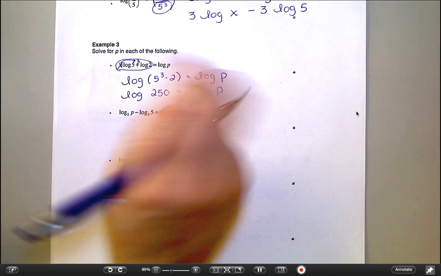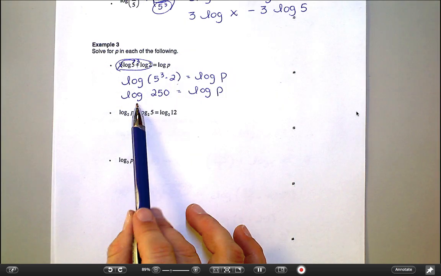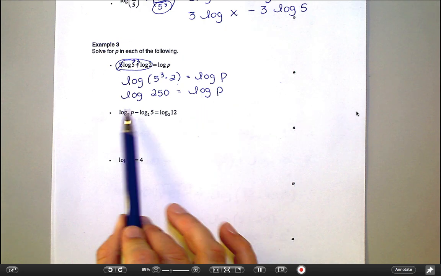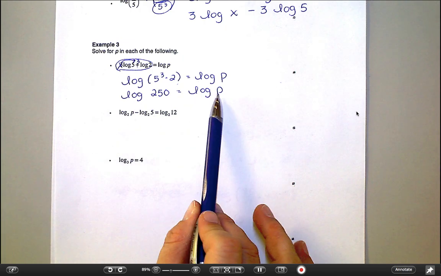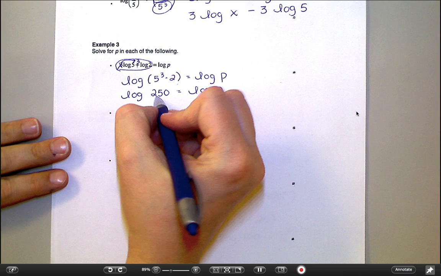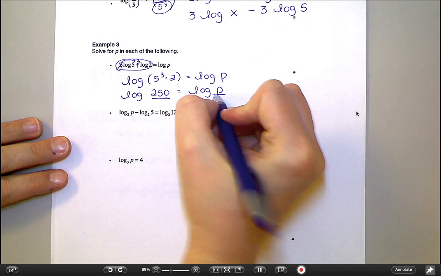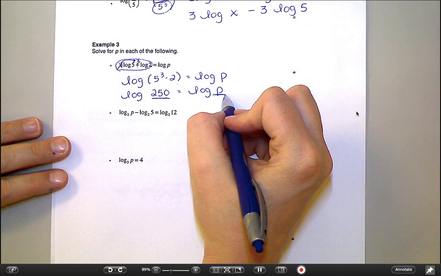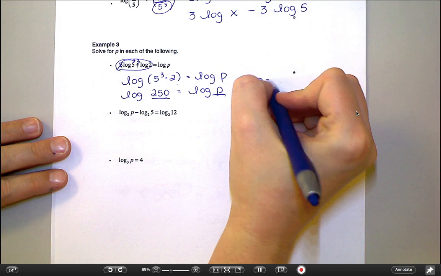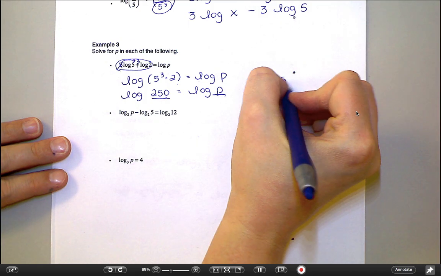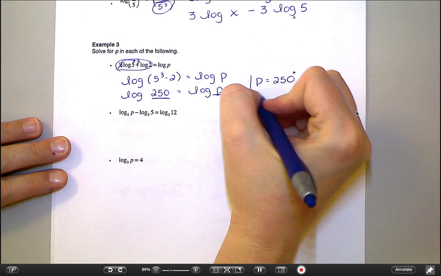And then from here, because I have a log of something equals log of something, like if log of 250 is equal to log of blank, then doesn't it make sense that this just has to be 250 over here, right? Couldn't I just say from here that p must be 250? I hope that that appeals to your common sense, okay?